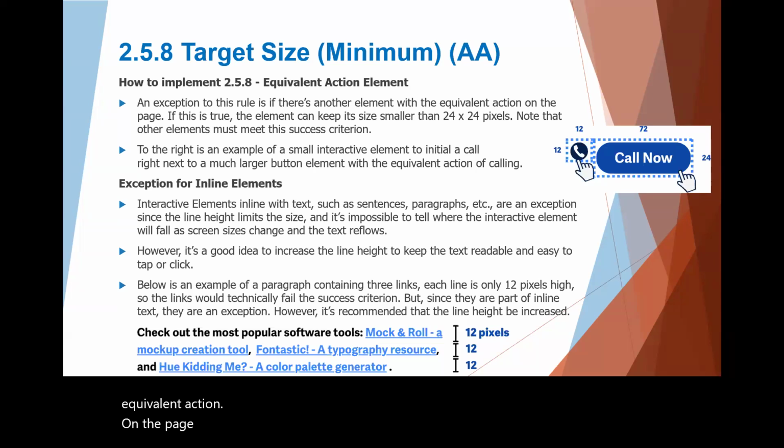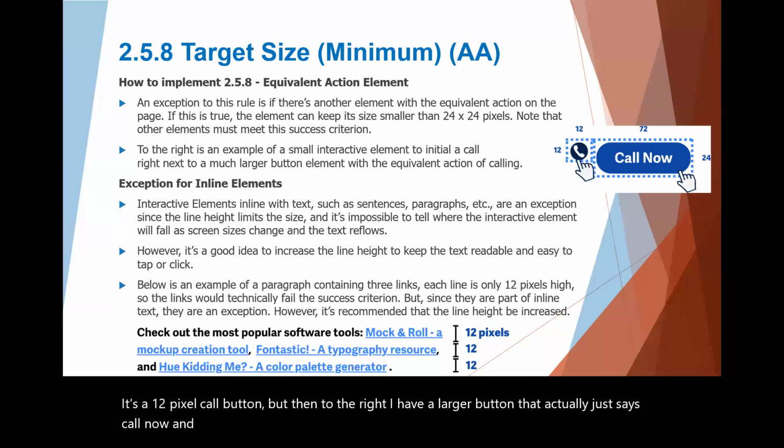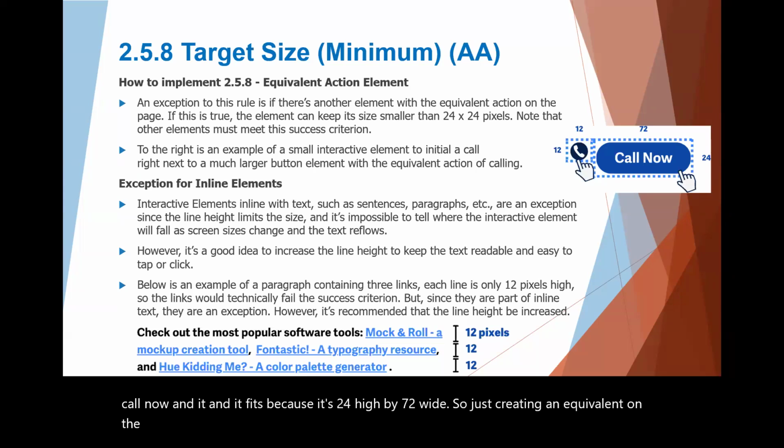In the example here, I have a small interactive element, a 12 pixel call button, but then to the right, I have a larger button that says call now, and it fits because it's 24 high by 72 wide. So, just creating an equivalent on the same page will work.